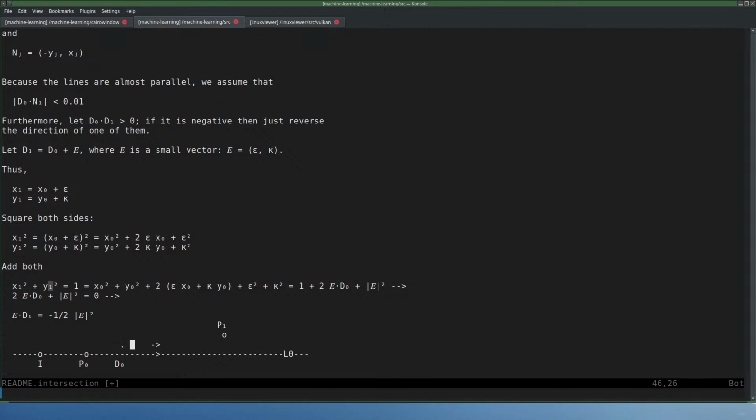No, it's a bit further. Doing my best here, so this is a line here. We call that line D1.